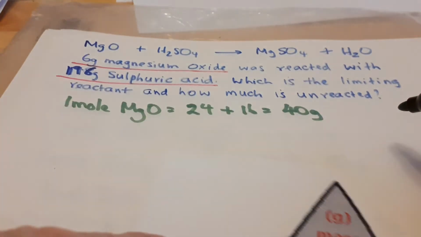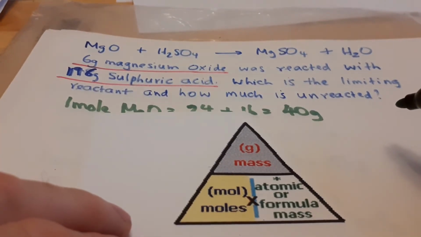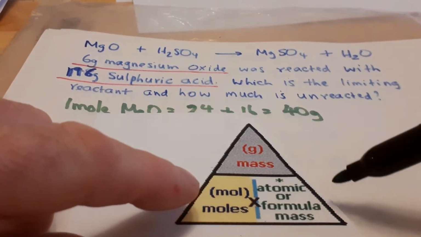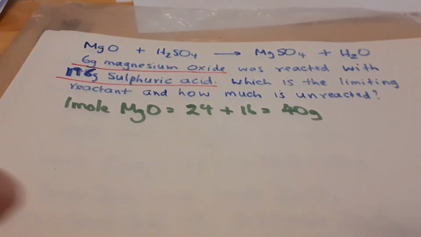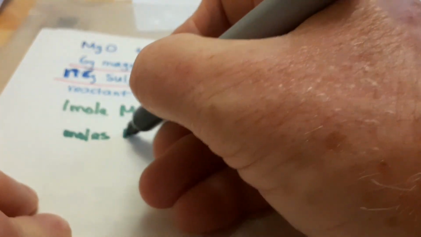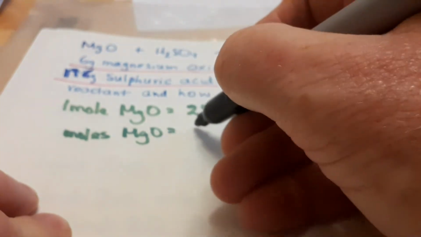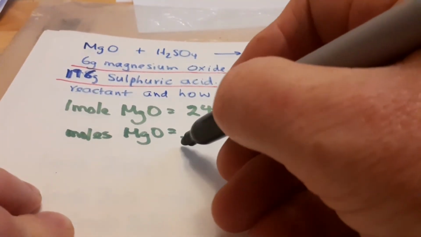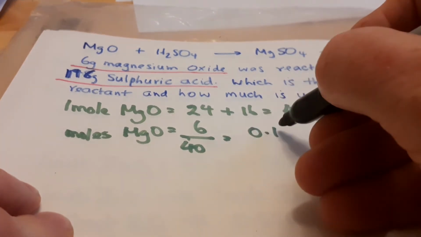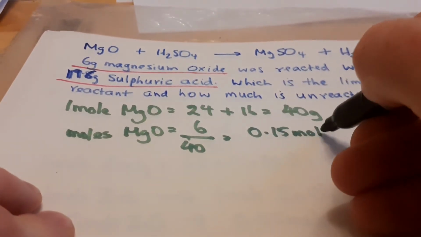Now then, what we want to get is the moles of magnesium oxide. So moles, as we can see, will be mass divided by the mass of 1 mole. So moles MgO equals the mass 6 divided by 40, and that comes out as 0.15 moles.